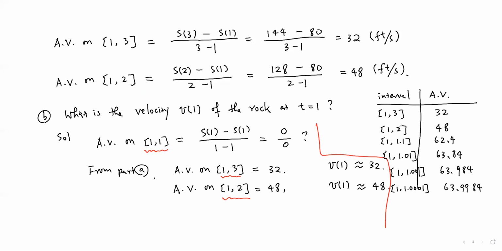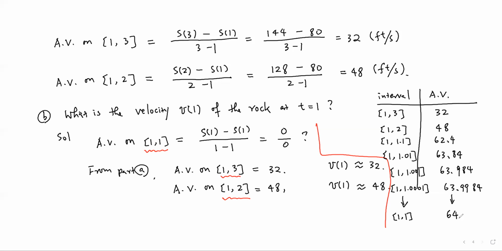Now, from this table, when the time interval is decreased, the average velocity, I can see, is approaching 64.